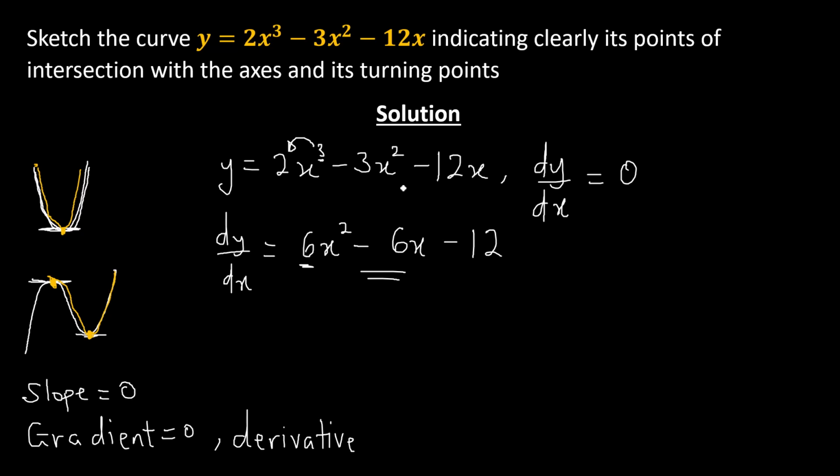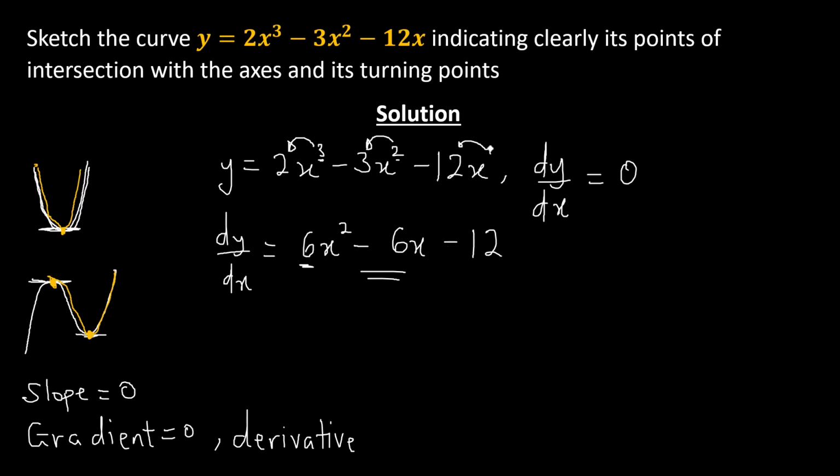We just repeat the steps for all the terms. So we move to the second term. The power here is 2. So 2 times negative 3 gives us negative 6. Then 2 minus 1 gives us 1, so there's x exponent 1 over here. That's how we got negative 6x. Then for the last term, there is x exponent 1 here. 1 times negative 12 gives us negative 12.